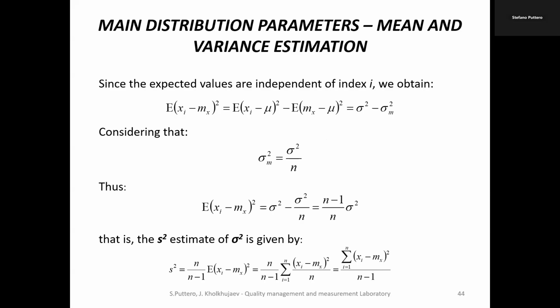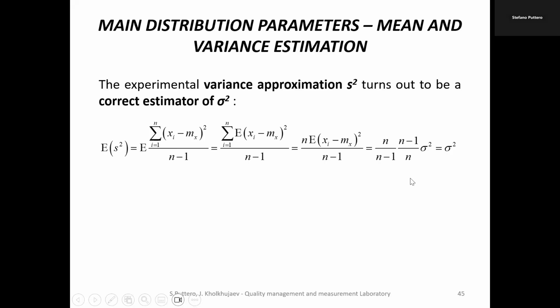The important thing is that you remember that the corrected estimator of the variance is the so-called S squared, which has the following formula. Okay, that one, n over n minus 1 of the expected value of xi minus mx, the arithmetic mean, squared. Okay, this is the very important thing because we will use this formula in the exercises. Okay, so that's the important stuff.